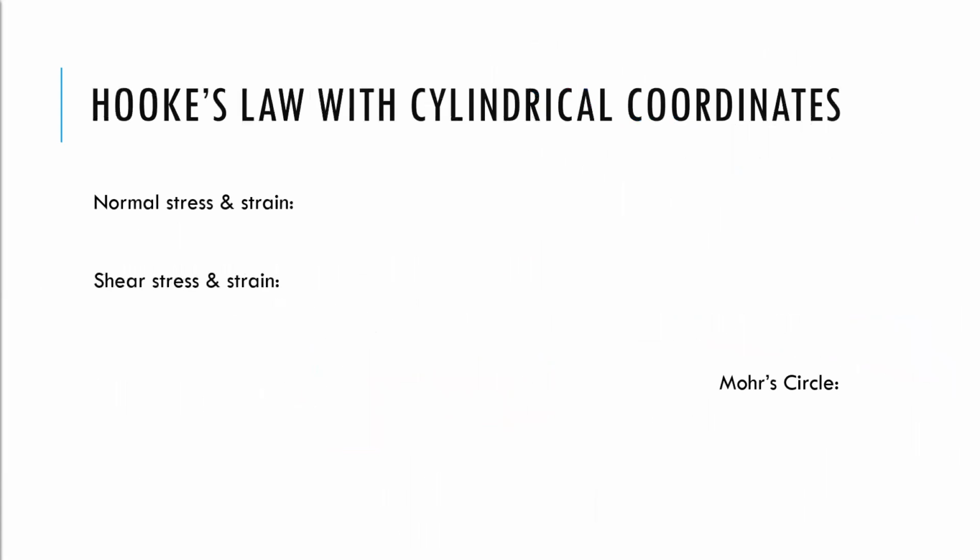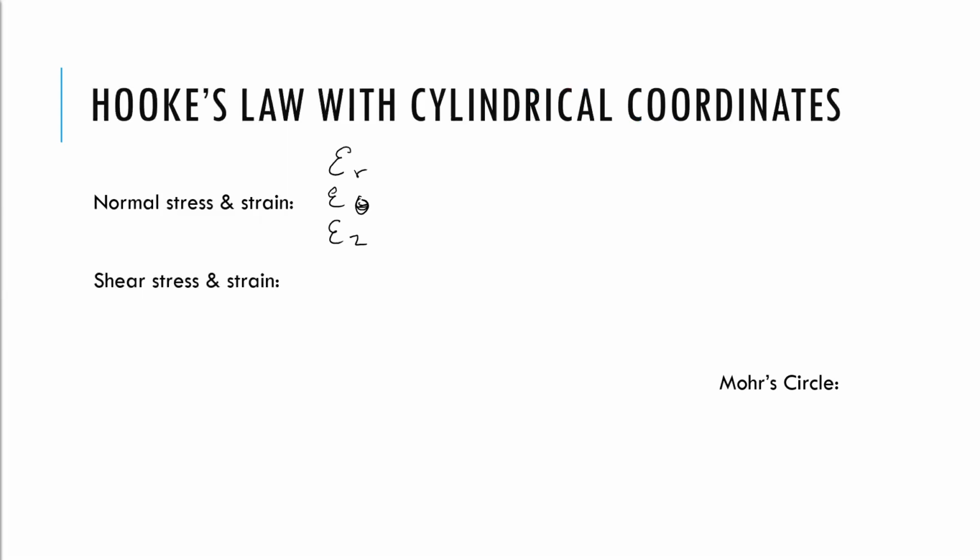All right, we're going to look at our material relations. So if we look at Hooke's law, remember generalized Hooke's law? It said that our three strains, in this case, let's put them in order: strain R, strain theta, strain Z. These always have to be in the same respective order.